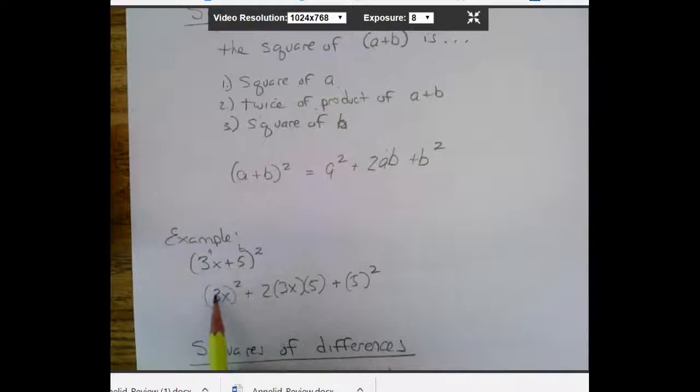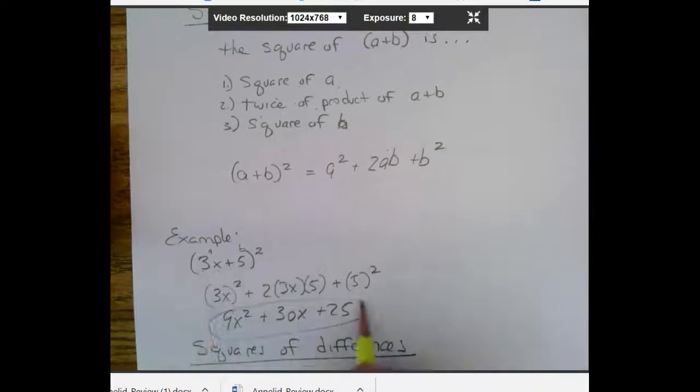So 3 squared is 9, then x squared, and then 3x times 5 is 15x, times 2 is 30x, and then we add 25. So that's our square of 3x plus 5.